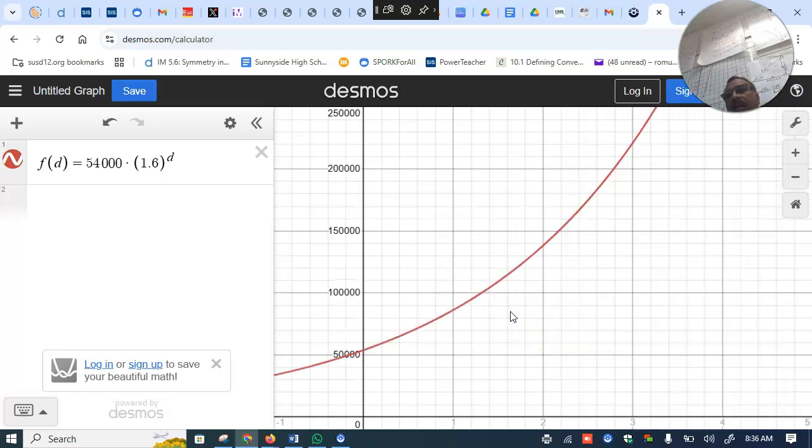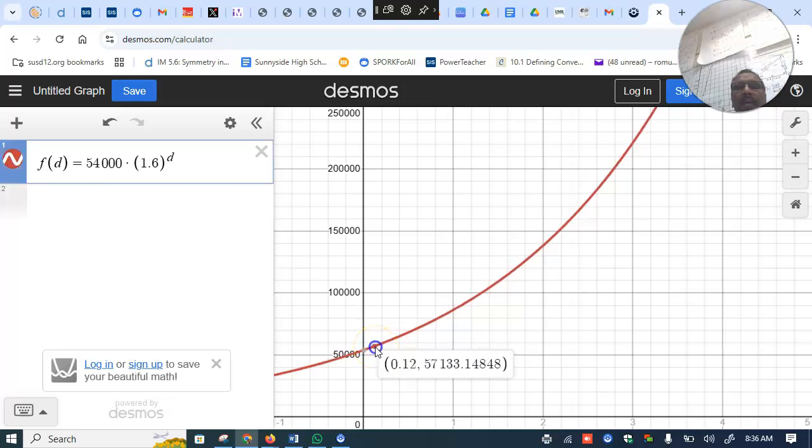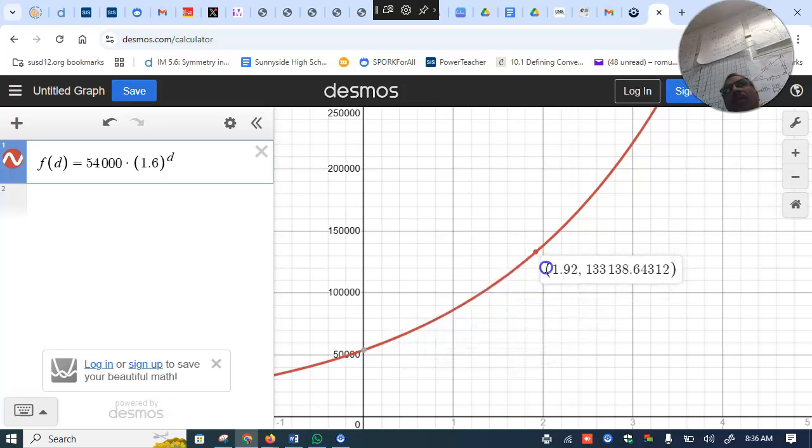So the question is, 0.5, we need to know. So use tracing. We'll try to use this tracing. We want to know for 0.5. So where is 0.5?